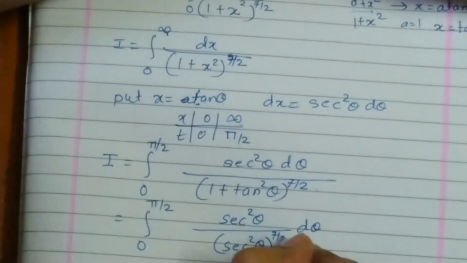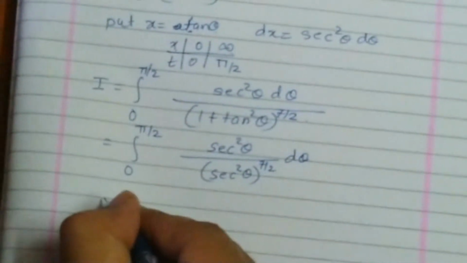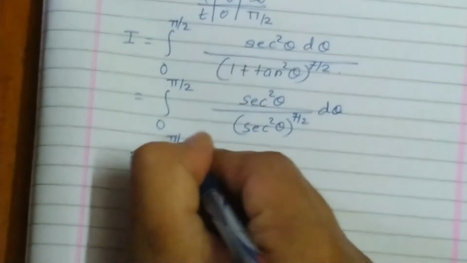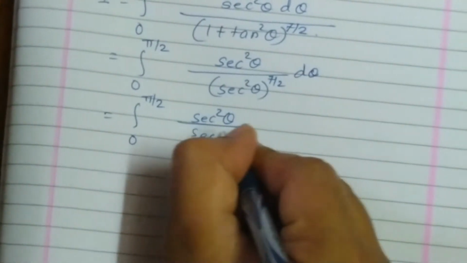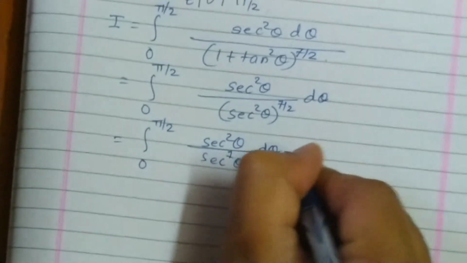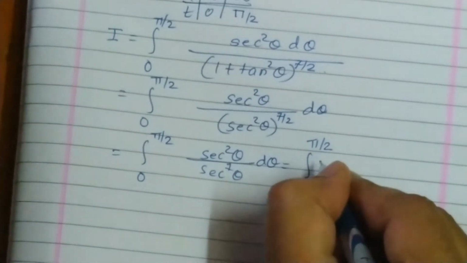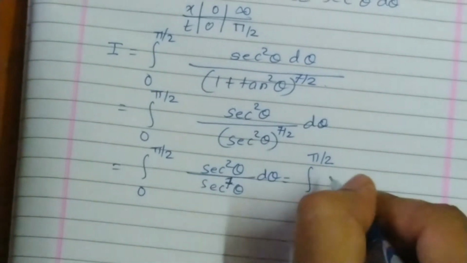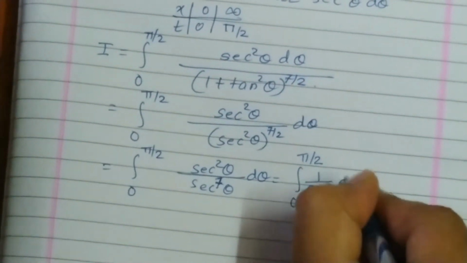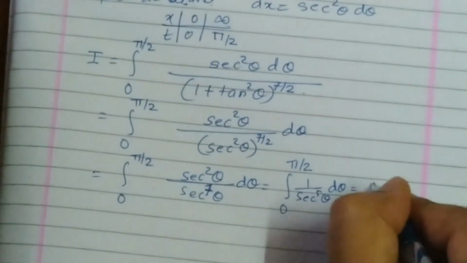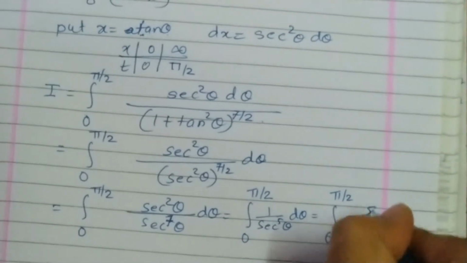When I multiply 2 into 7 by 2, I am getting 7 there. So this is integration from 0 to pi by 2 sec square theta upon sec raised to 7 theta d theta, so I am getting 1 upon sec raised to 5 theta d theta. 1 upon sec is cos, hence I am getting integration from 0 to pi by 2 cos raised to 5 theta d theta.